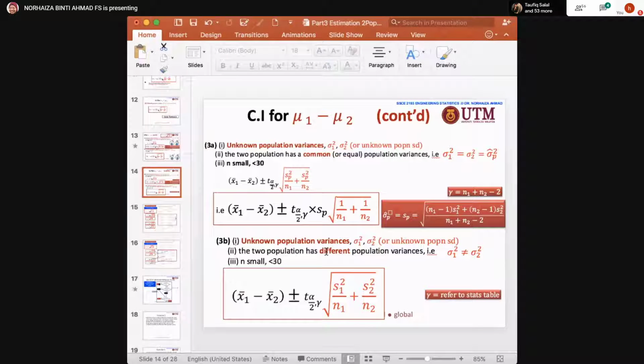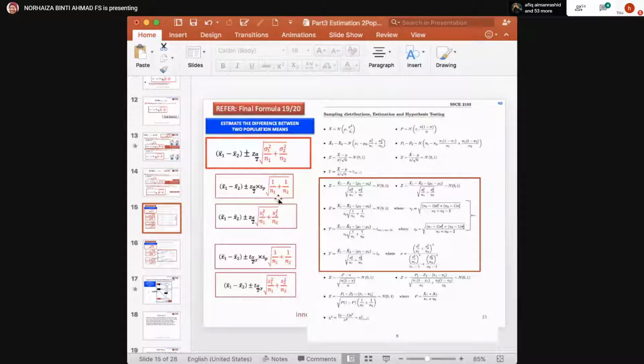But if it's different and n is small, you still have to use a T distribution with degrees of freedom as well. But this degrees of freedom is quite complicated, so I'm not going to write it here, but you can have a look in your notes.